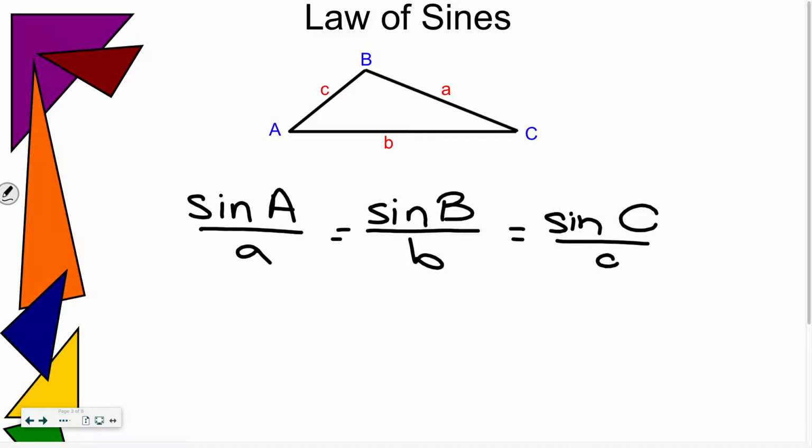Ratios often look like fractions. The ratio of an angle's sine over its side length is the same for each pair of angles in the triangle. That will always be true.